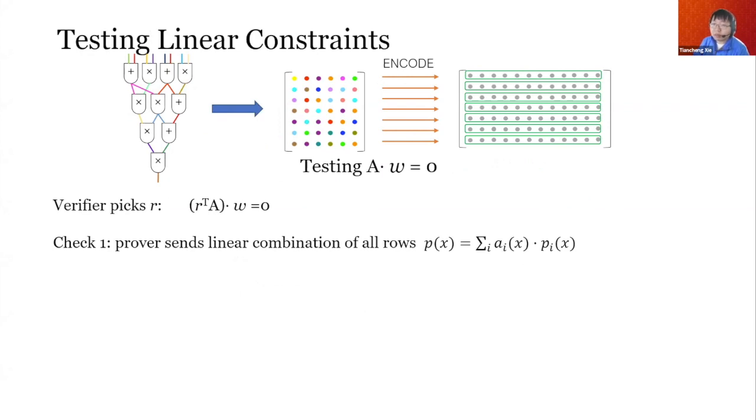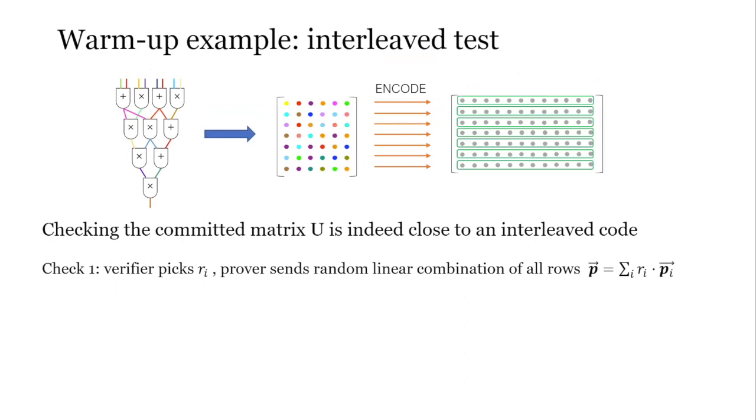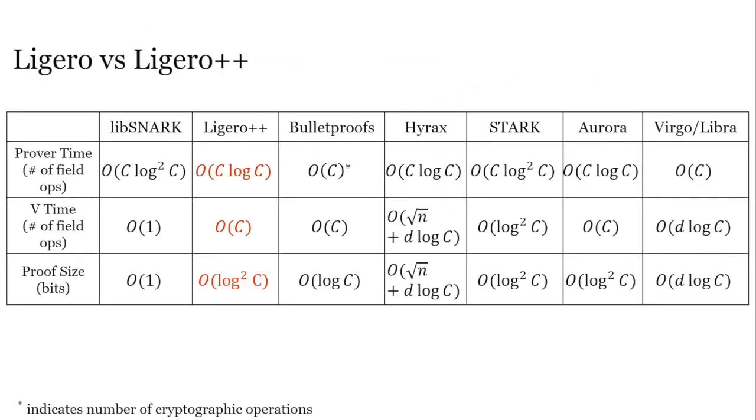I see. Okay. So are we saying that it's a concrete improvement on, say, bulletproofs? Sorry, bulletproofs also have log n proof size, linear verification, and n log n proving.